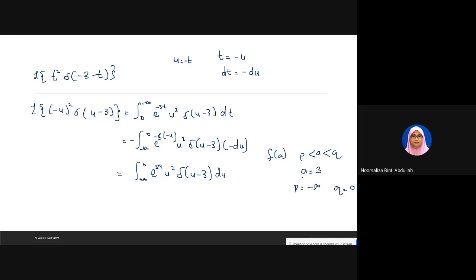So does A lie between minus infinity and 0? A awak antara negative infinity dan 0 ataupun tak? Tak. Jadi you tak boleh pakai yang ini. Therefore your answer will be kosong.